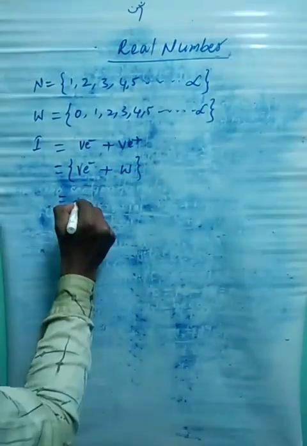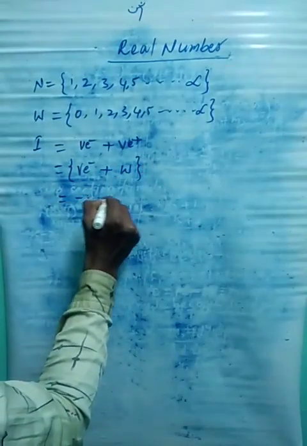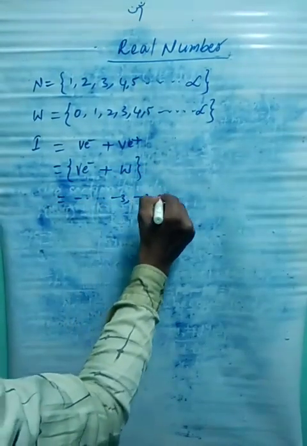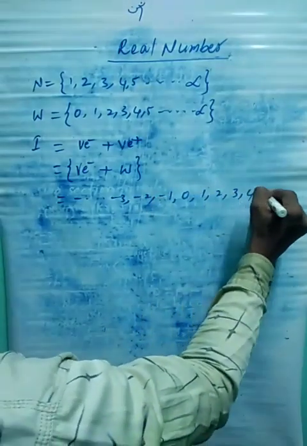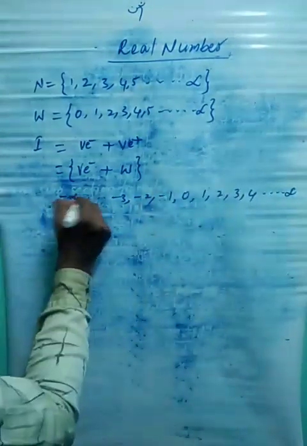So integers are nothing but minus 3, minus 2, minus 1, 0, 1, 2, 3, 4 and so on to infinity, here also infinity.